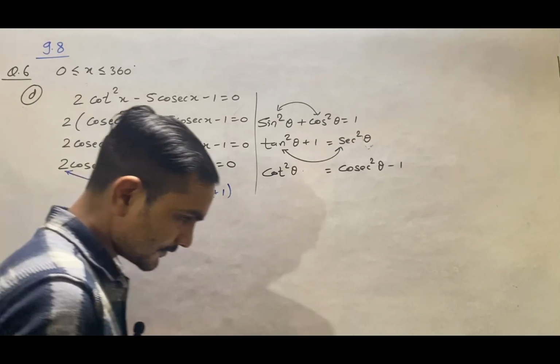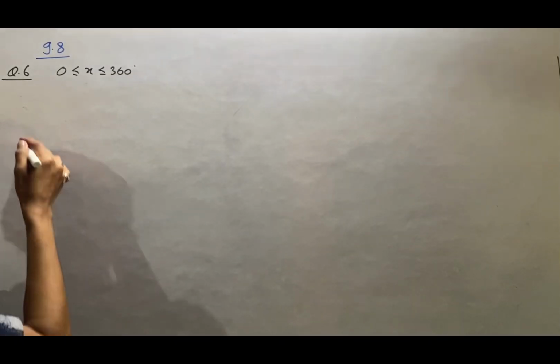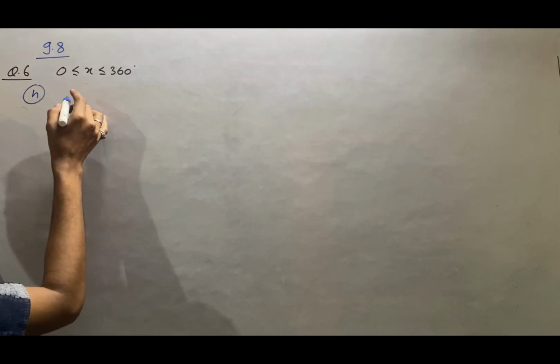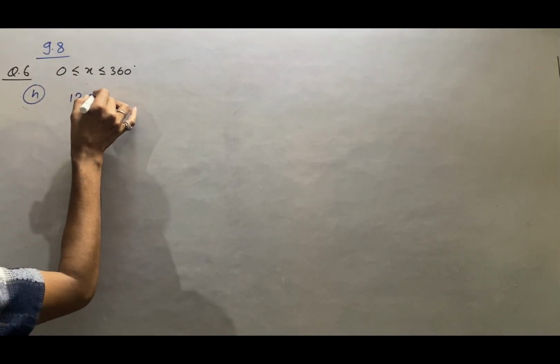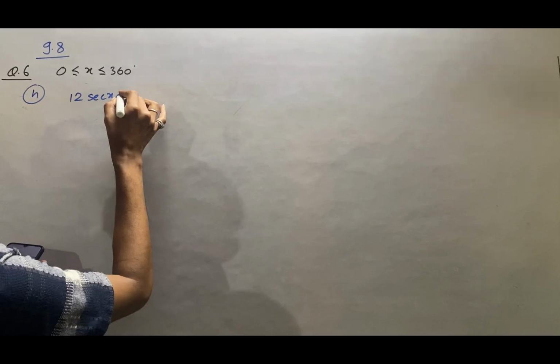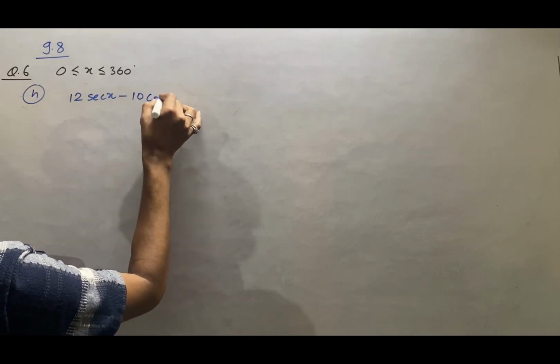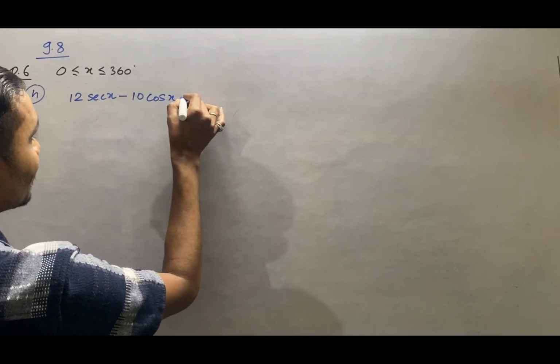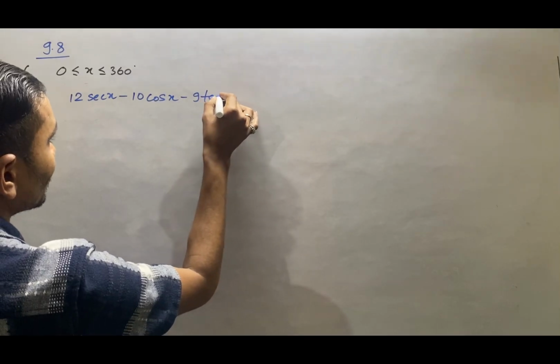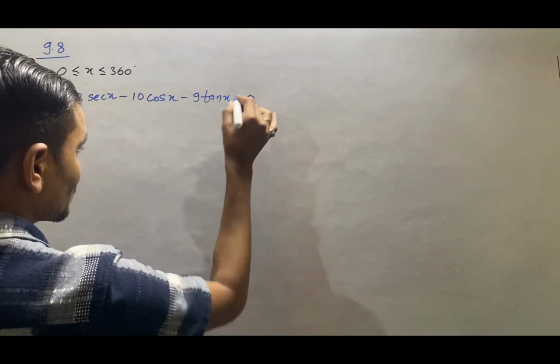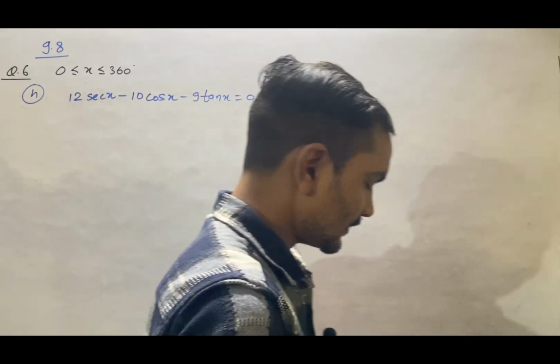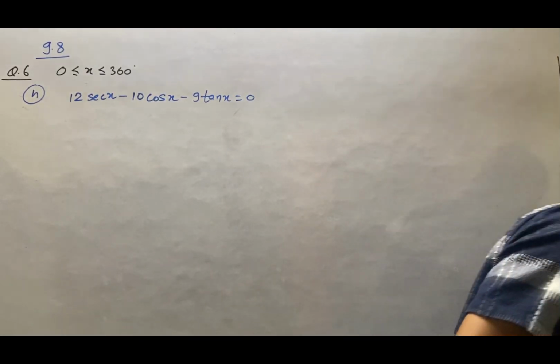So what we do for H: 12 sec of x minus 10 cos of x minus 9 tan of x equals 0. Now let's start.